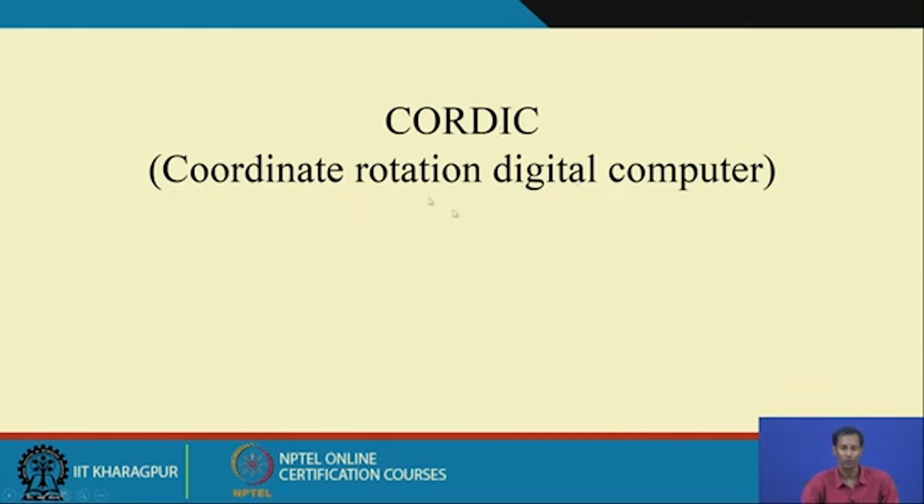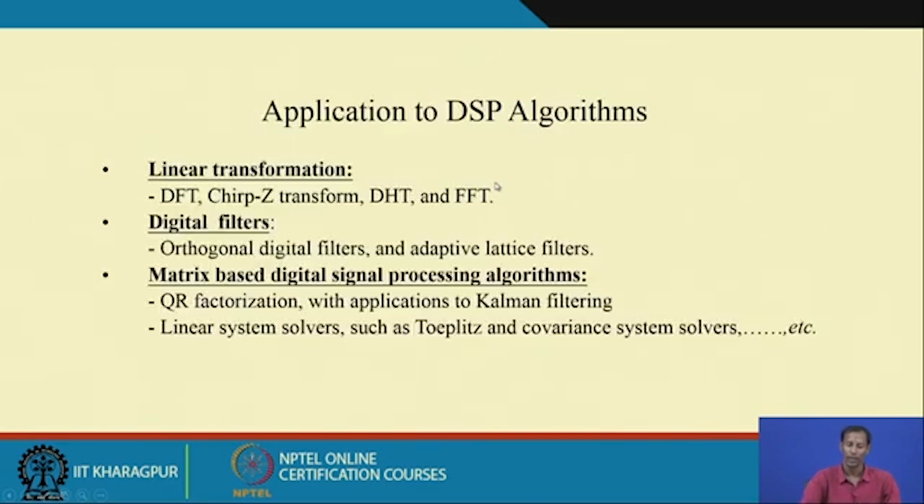So, the full name is CORDIC. Then what is the application area of CORDIC? In many DSP algorithms, or to implement many DSP functions, we use the CORDIC algorithm, because, as I said in the beginning, using CORDIC we can implement different kinds of arithmetic operations.